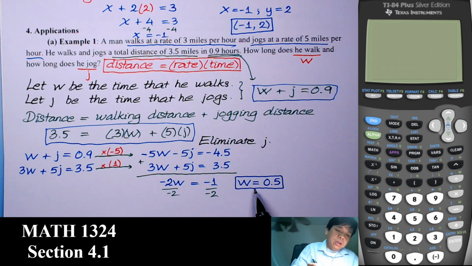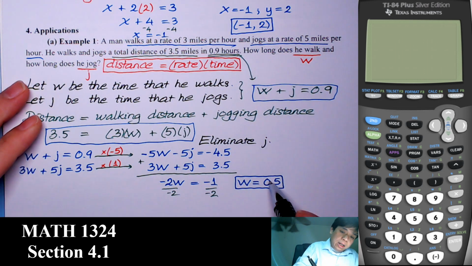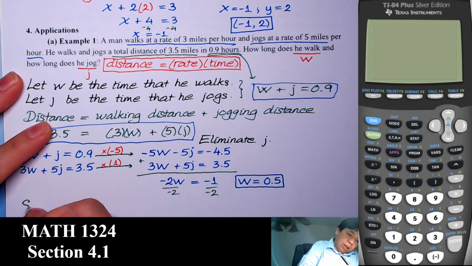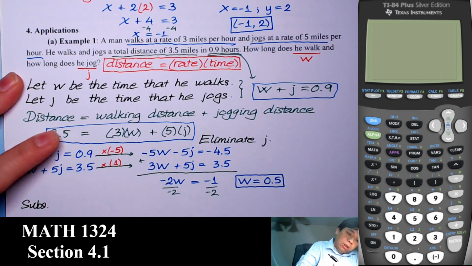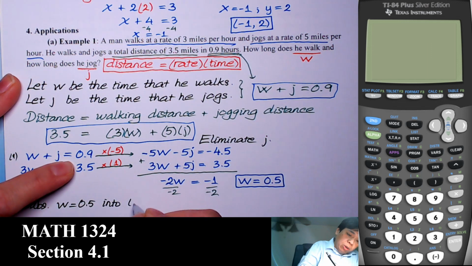Then we can substitute that into the equation and solve for the other variable, which is J. Now substitute W equals 0.5 into equation 1.